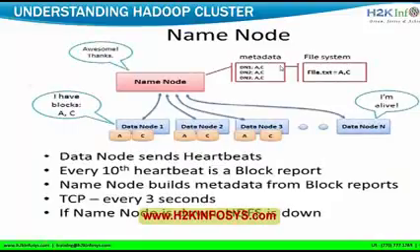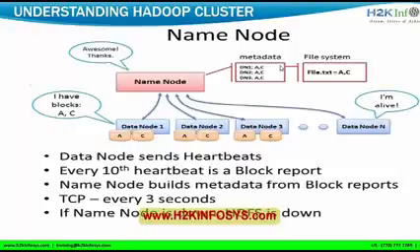So this is the next one. This slide talks about the functionality of the name node. As we discussed on the first day of the master slave architecture, we had seen a term called heartbeats, right? So we will discuss what a heartbeat is.